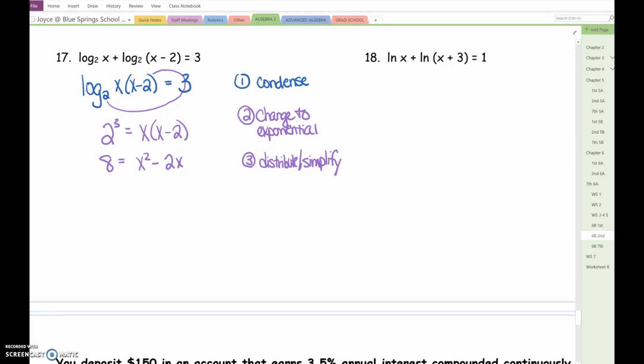When we have x squared and x in the same equation, what do we need to do to solve this equation? We need to factor. So we need to get one side to equal 0, by subtracting 8 on both sides. And then we need to factor and solve.